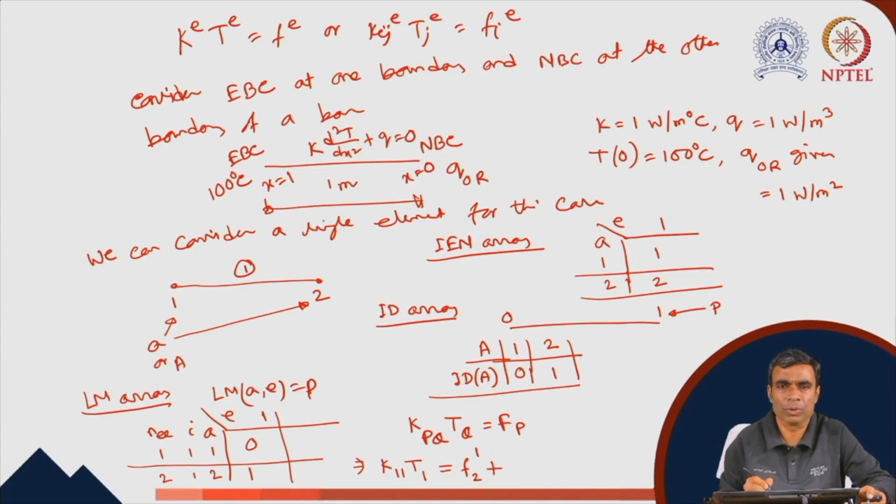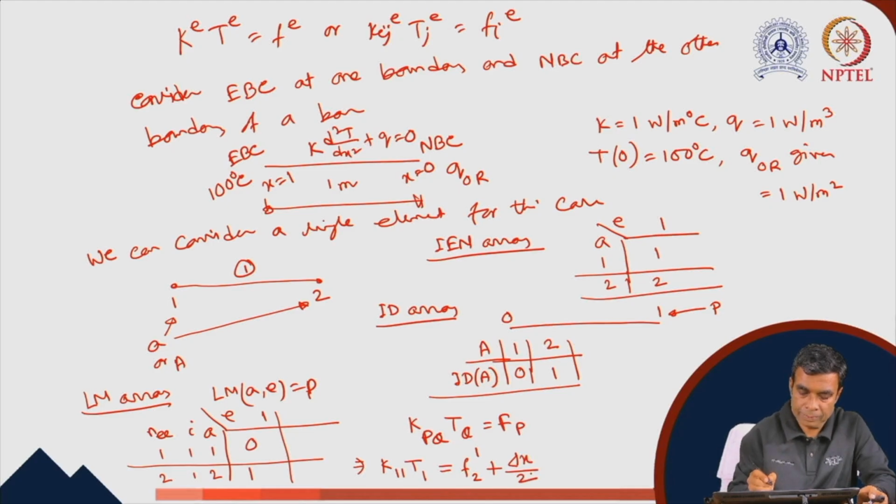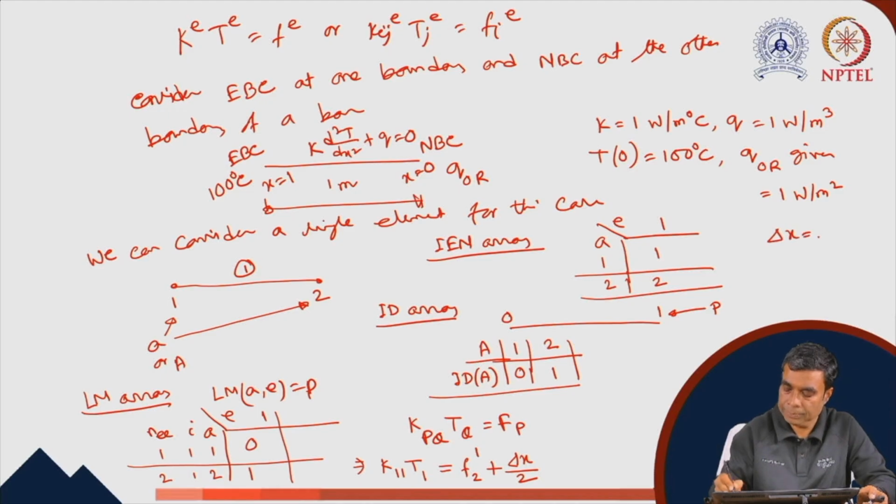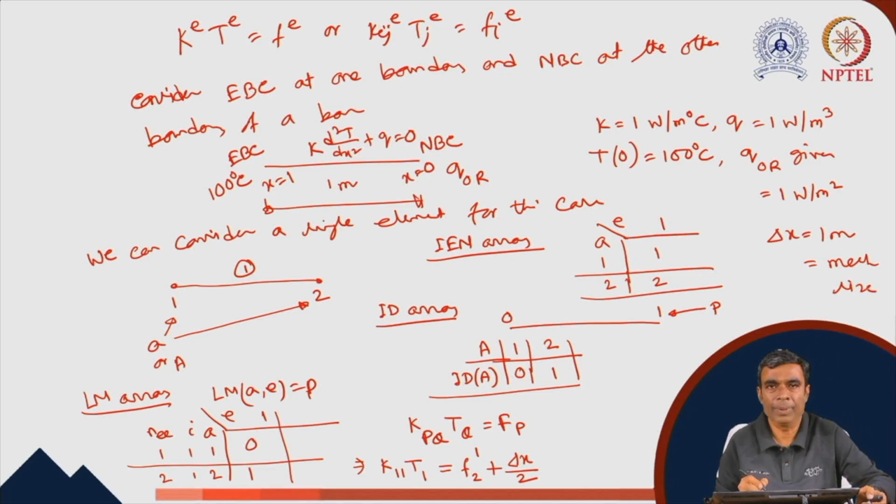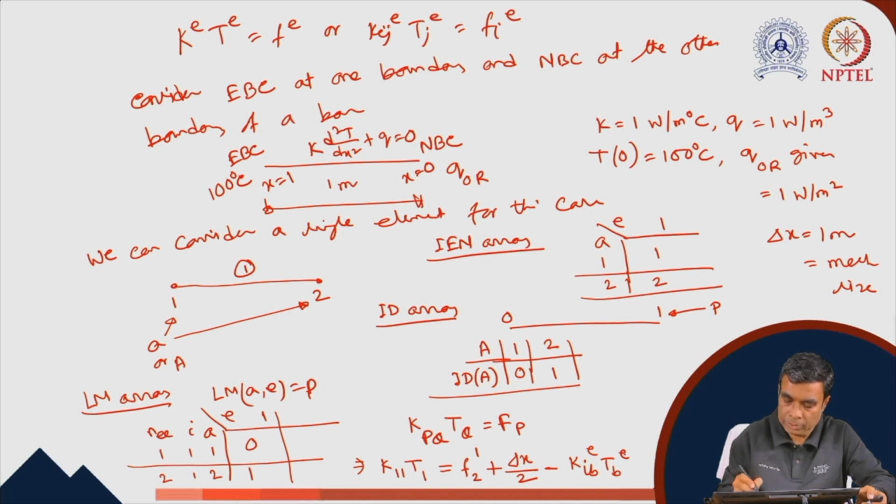The contribution from the source term comes as delta x divided by 2. Here our delta x is 1 meter, the mesh size, and then we have the essential boundary condition portion, that is minus K_IBE T_BE.